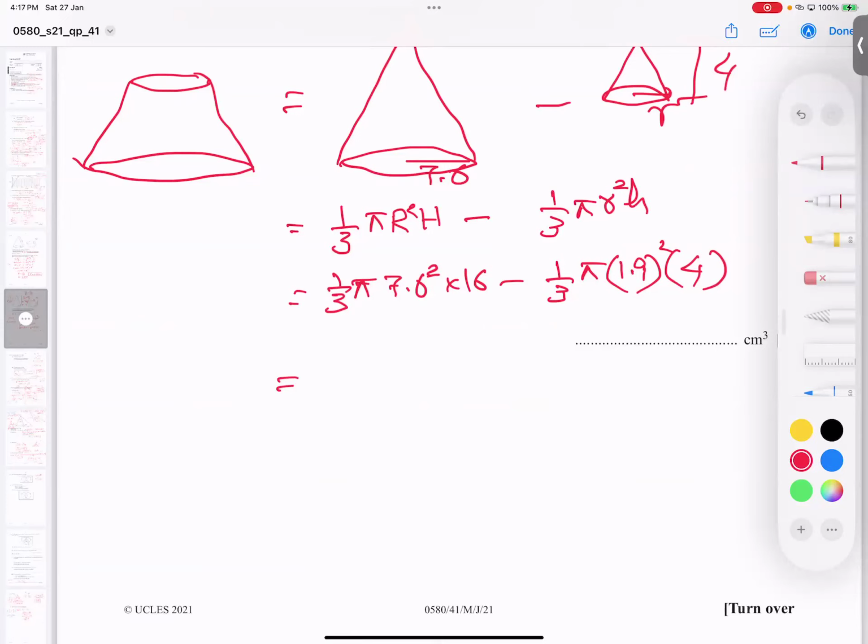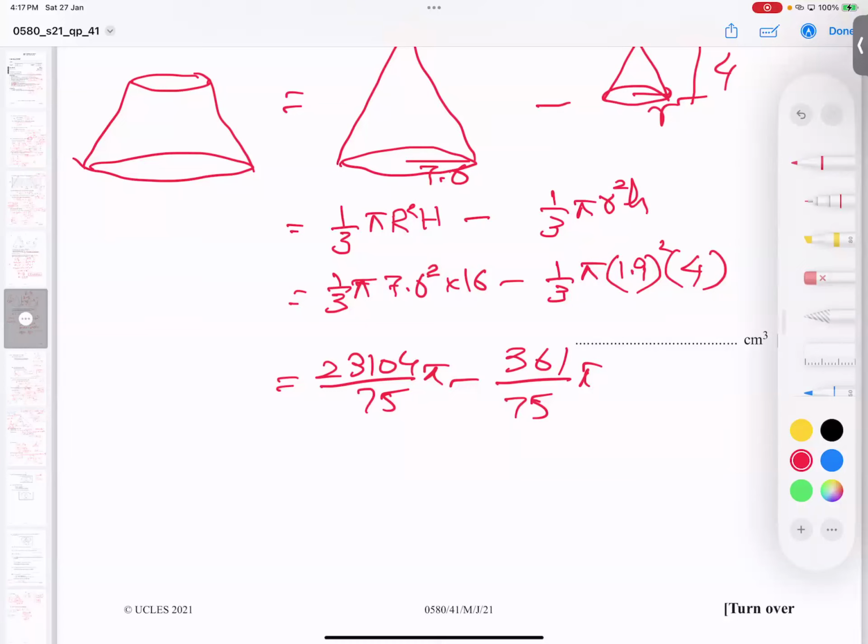Now just typing in the calculator will give us the answer. I can type the whole thing one time, or I can type two separately. The first answer I am getting is 23104 over 75 pi. What about the second answer? 1 over 3 into pi into 1.9 square into 4, and the answer coming is 361 over 75 pi. Now if I solve this simply, 23104 over 75 pi minus 361 over 75 pi.